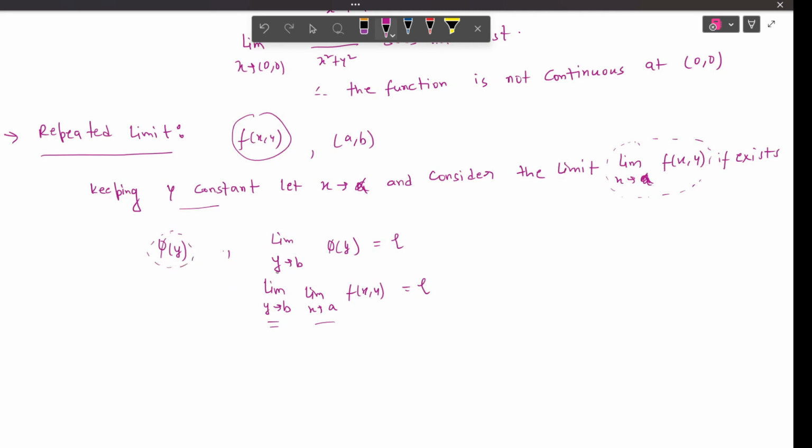Then we have put the limit y tends to b in the function phi of y, and we got a value L. So this is your repeated limit.